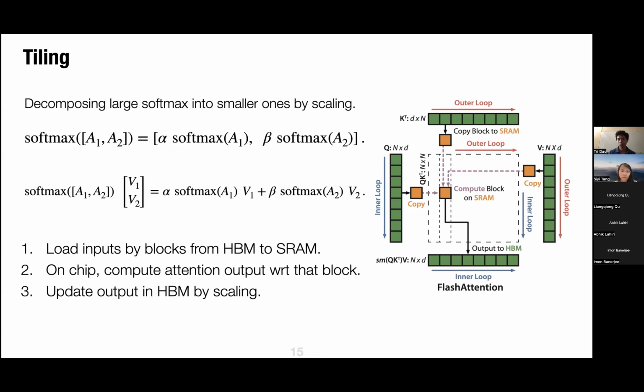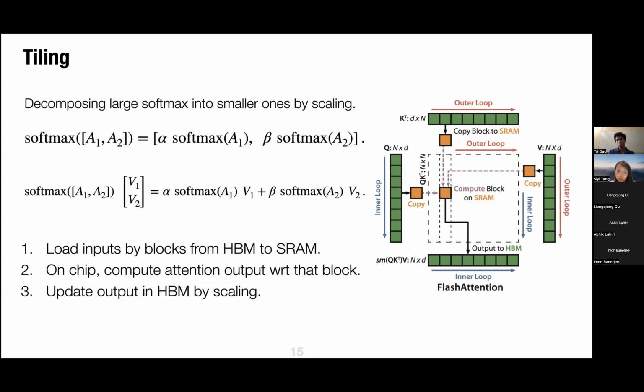On the diagram on the right, HBM is in green and SRAM is in orange. Conceptually, we're computing attention block by block, and for each block we load whatever inputs we need from HBM to SRAM, do whatever local computation, and then write the output to HBM. So we never materialize this big n by n matrix.